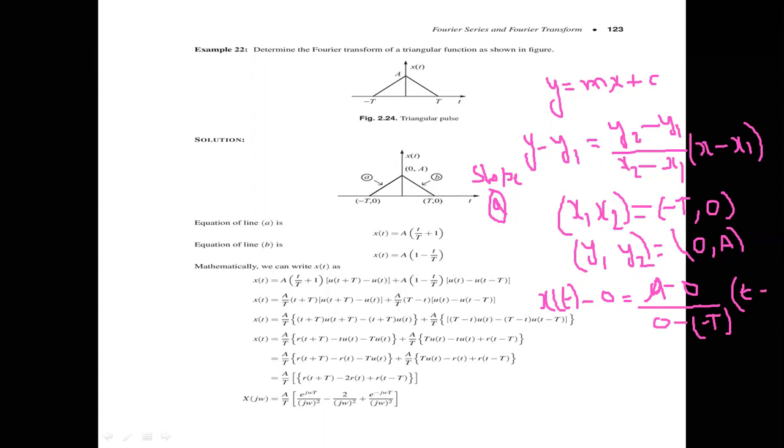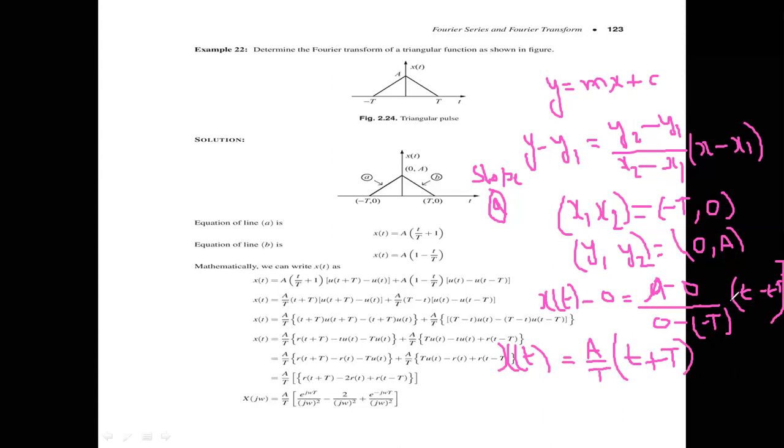Minus T. Okay, my dear friends, now x of t minus 0 value, a, minus of minus is a plus, a by T whole multiplied with t minus of minus is plus, t plus capital T.